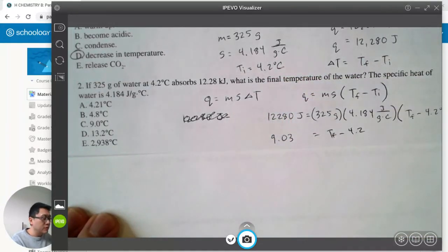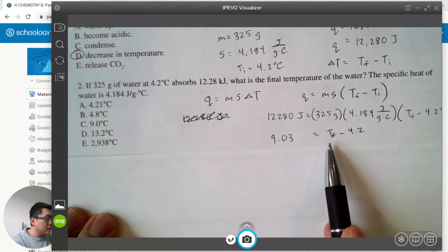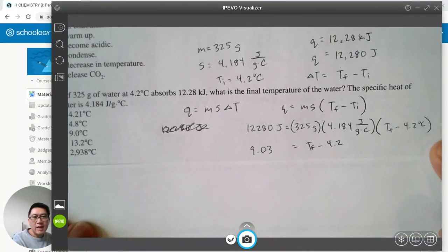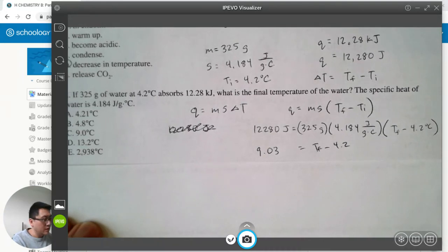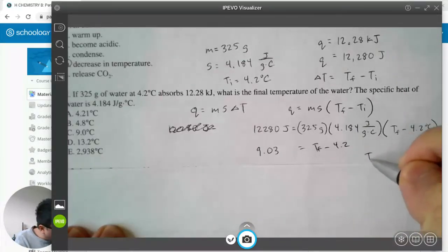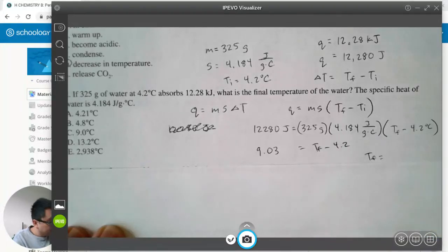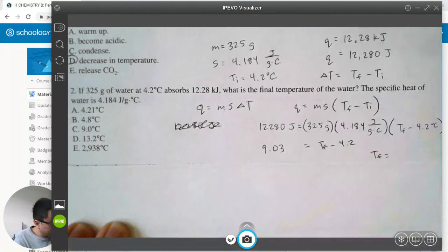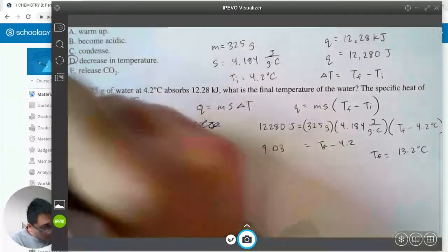So it's really like 9.03 is equal to x minus 4.2. This is just an algebra problem now. Add 4.2 to both sides, and TF is 13.2. That's choice D.